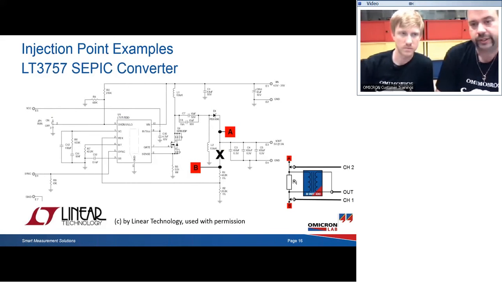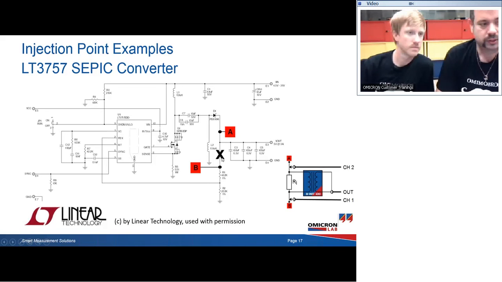Now, here again is a converter with voltage feedback. Again, what's the trick? We check where the feedback input of this device is. We go back, we locate the feedback divider, we find the output voltage, and then we know exactly where to put our injection resistor.